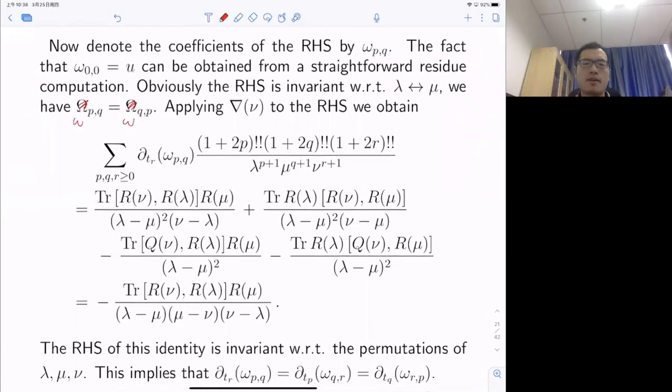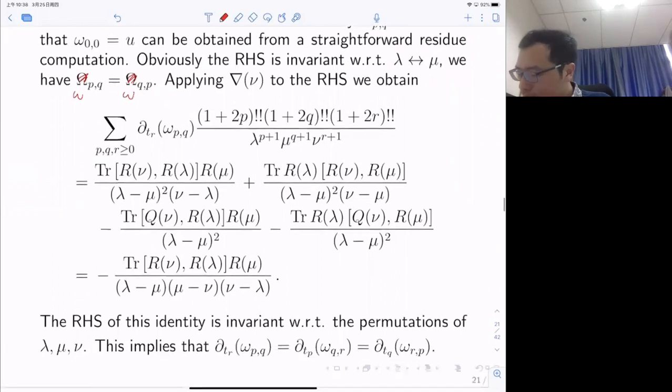Now we apply our generating series of the derivatives to the right hand side. After some computation, it turns out that the Q disappeared. Although it's important to describe the flow, to get the tau structure the contribution of Q is 0.